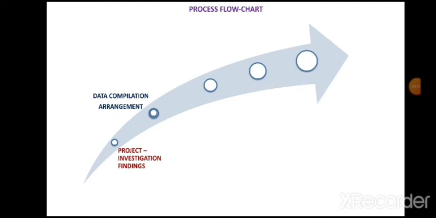Whatever is the output of your dissertation work, the next step is to compile that data, or arrange that data in proper format in the line of objectives. Then we define the tables and figures, and we prepare the graphs.